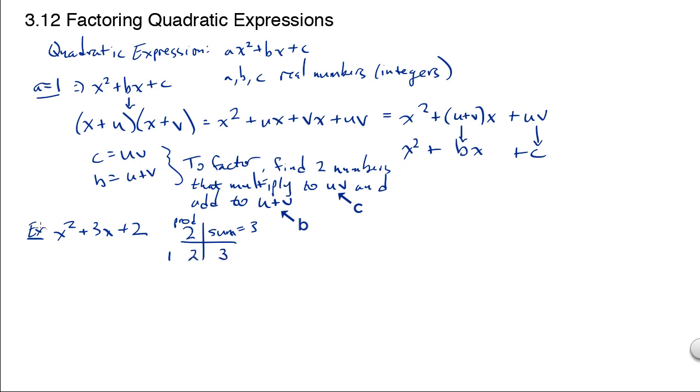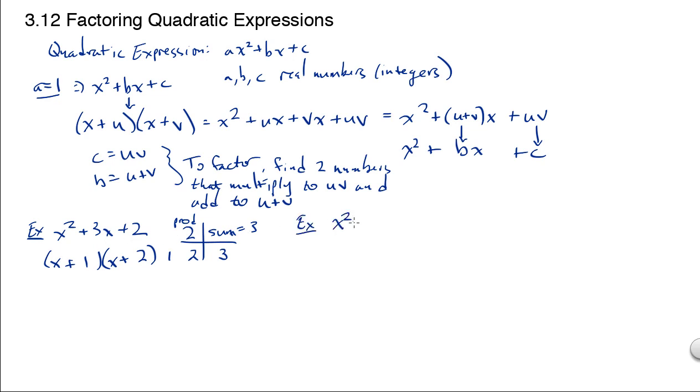They add to 3. When you start, you can write these two binomials from the start, and you know that these two have to be x, because x times x is x squared, plus 1 plus 2. And those 1 and 2 multiply to positive 2, so they're the same sign. In fact, they're both positive. They need to be positive because of this term, as we'll see in a bit.